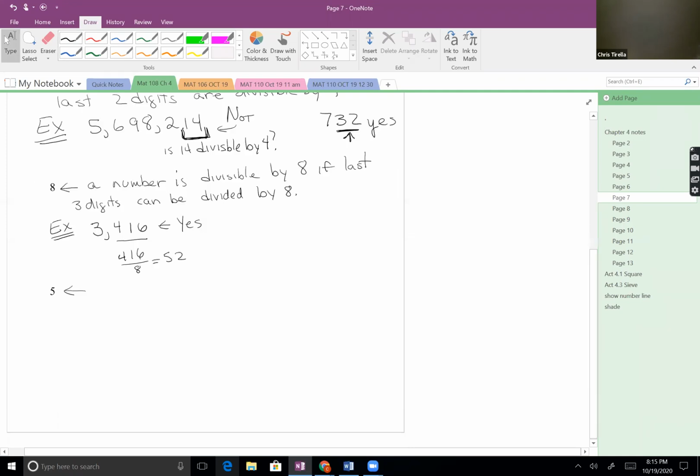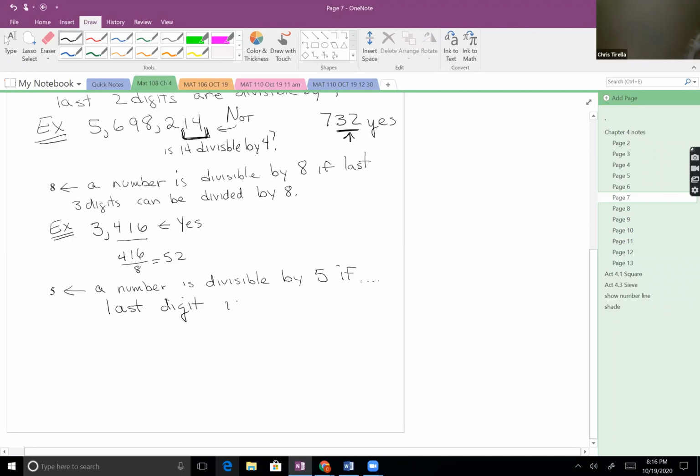How about divisible by 5? Does anybody know how to tell by looking if a number is divisible by 5? Anybody know how to tell if a number can be divided evenly by 5? The ones place has to be 5 or 0. Okay, so are you all right if I say it's the last digit?